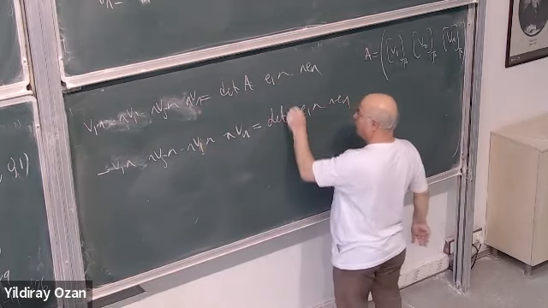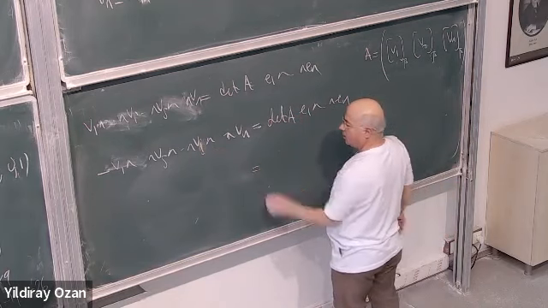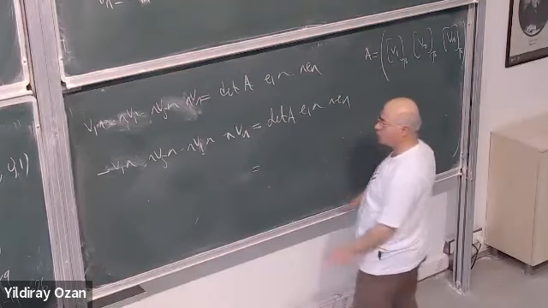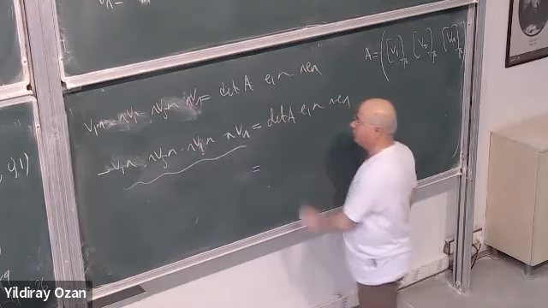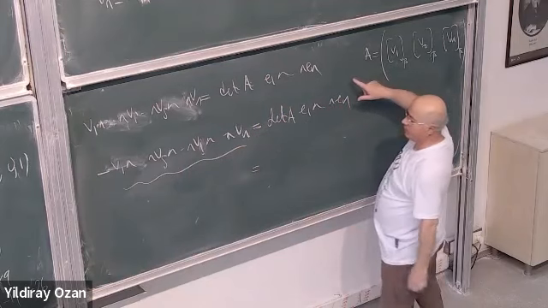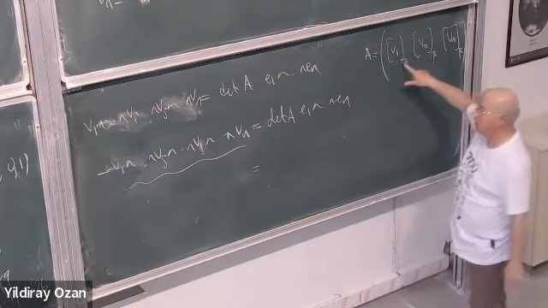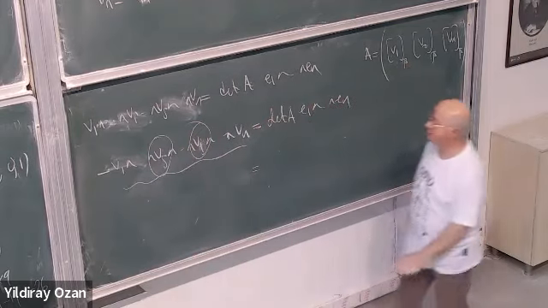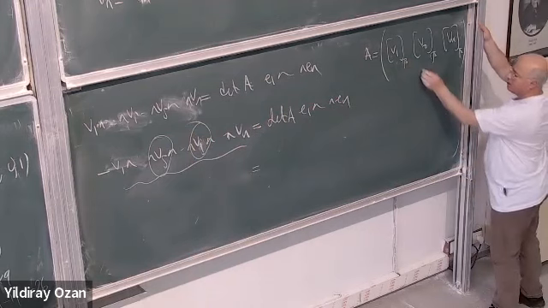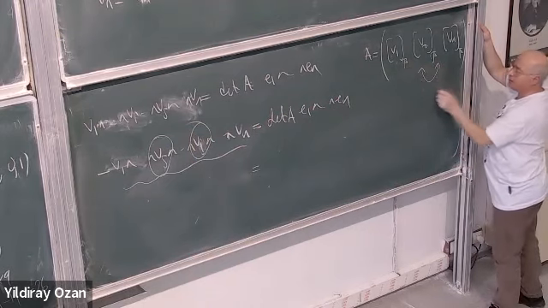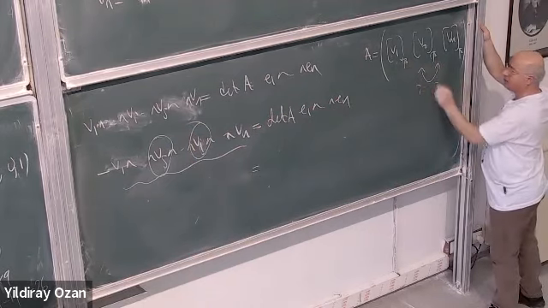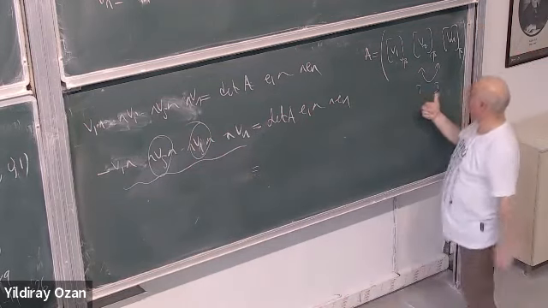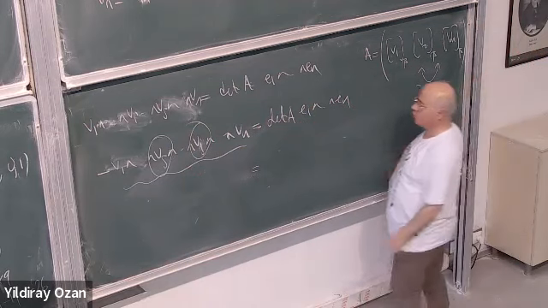But this gadget also, if I write this, okay, so here replacing the i and j elements corresponds to what? Replacing the i and j columns, right? So if I interchange these two, I interchange these two columns.